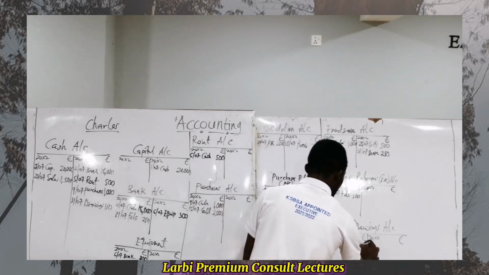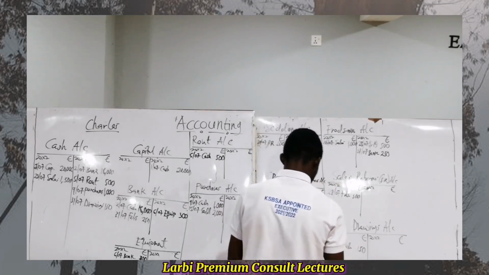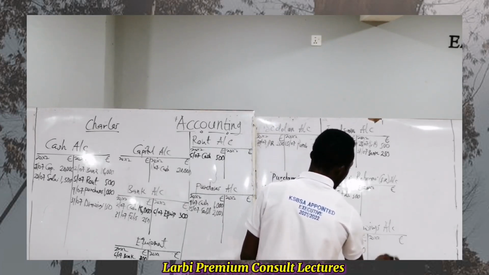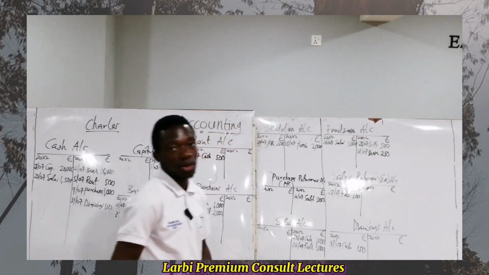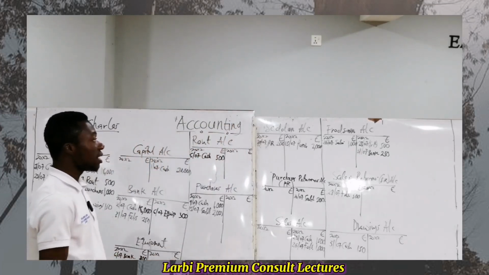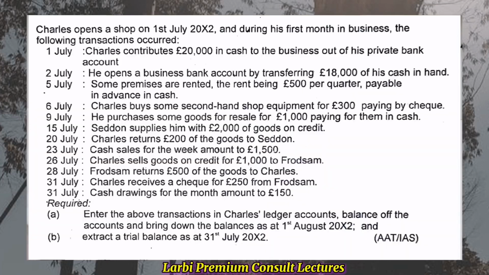So you just have to record 150, and then you are good to go. And that is all for the transaction that we were given in this question.